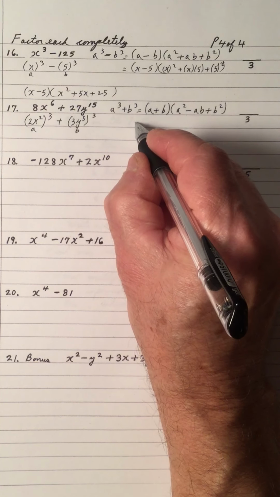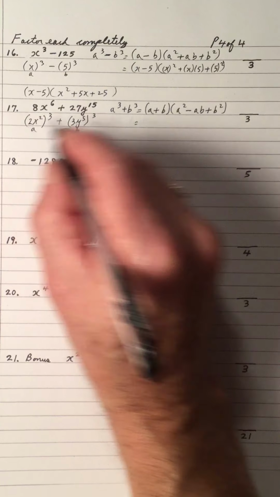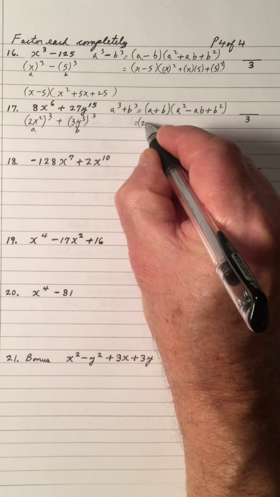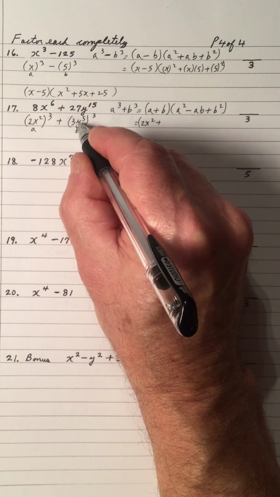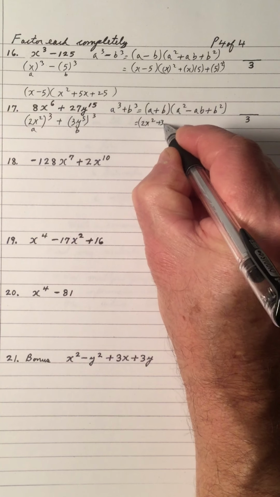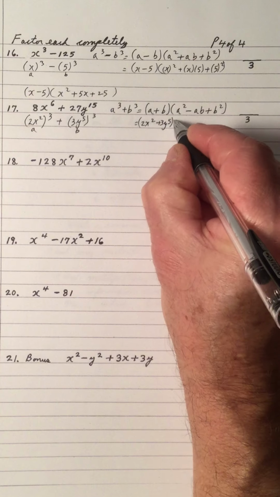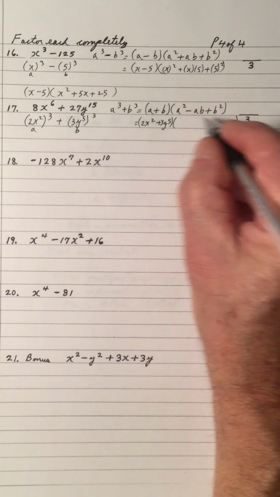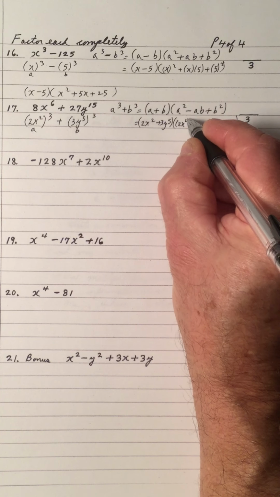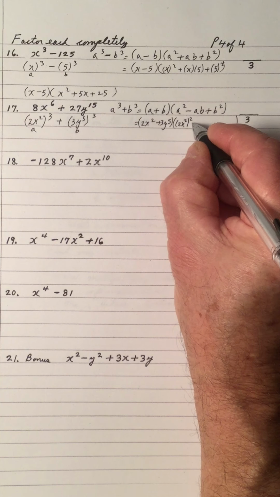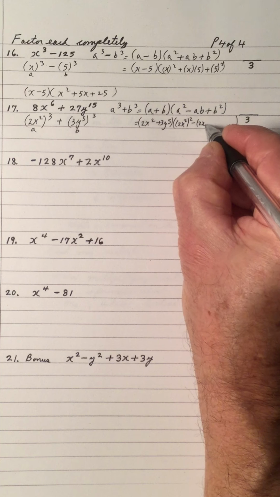If you learned the pattern, and now a is 2x squared, b is 3y to the 5th. And a is 2x squared.